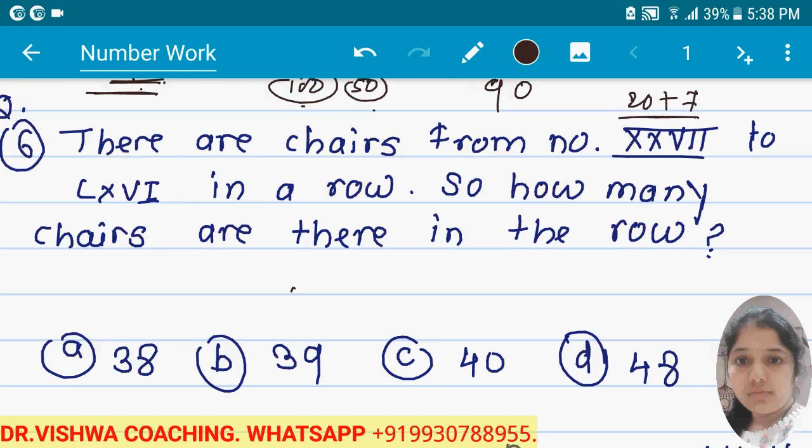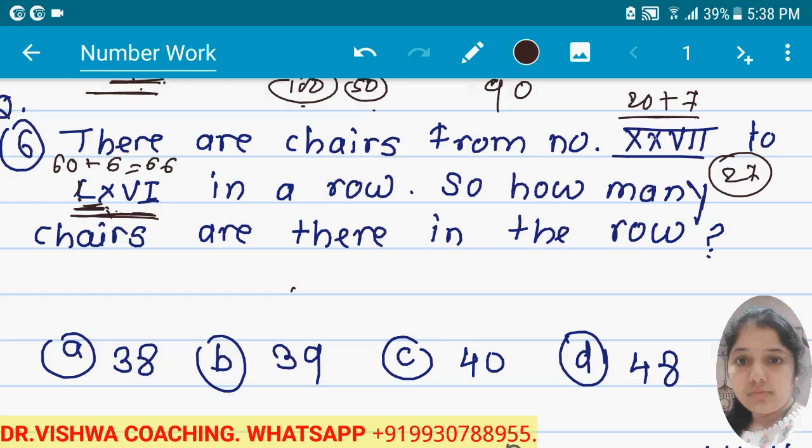So this is number 27. Now LXVI. L means 50 and X means 10 and the smaller number is written at the right side, so you have to add both of them. So this is 60 and plus VI means 6, so this is number 66.